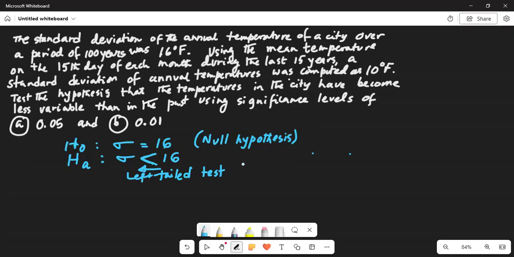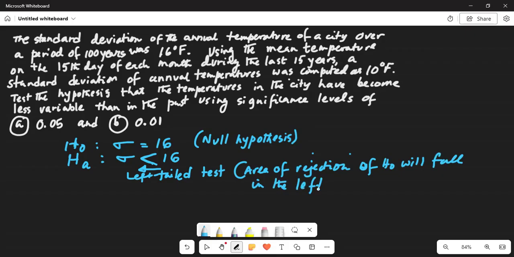Left-tailed test means the area of rejection of H0 will fall in the left tail of the chi-square distribution.